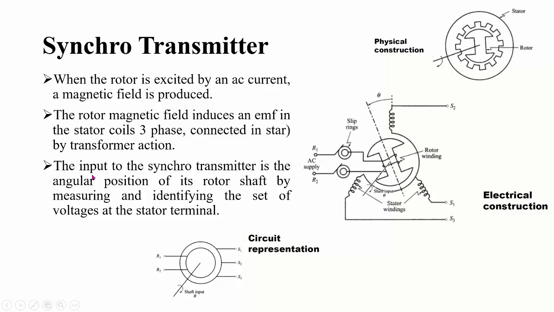The output is obtained by measuring the set of voltages at the stator terminals. Whenever you feed the input theta and vary this angle, you have a different set of voltages across the terminals at the stator side. So the voltages across terminals S1, S2 and S3 will change with the change in the orientation theta.